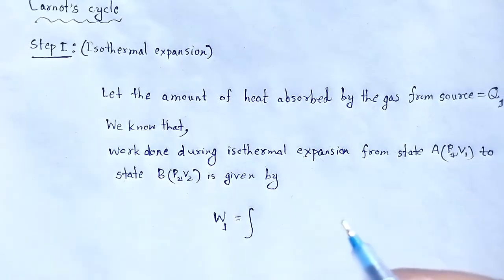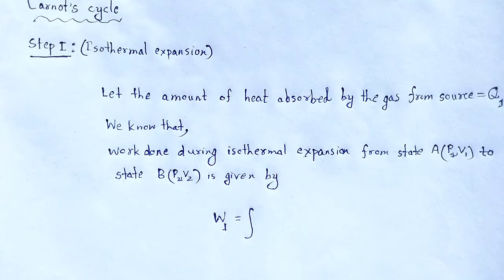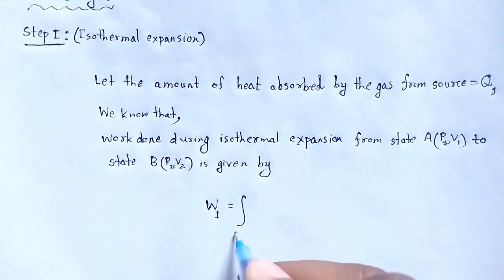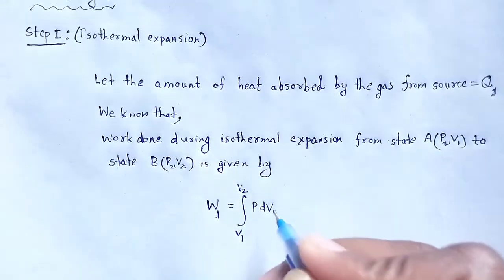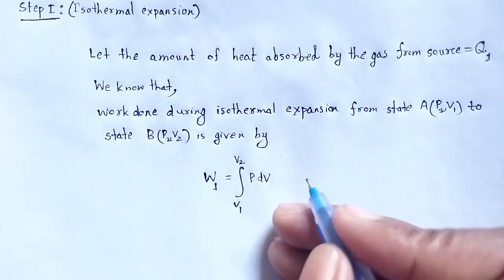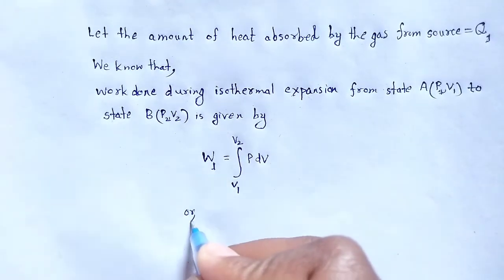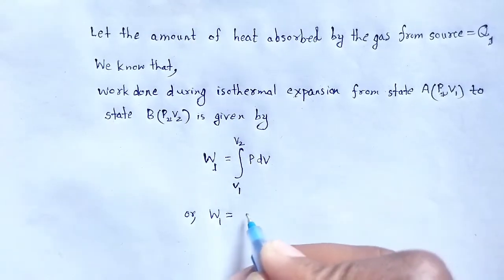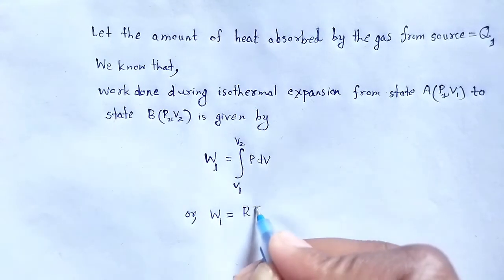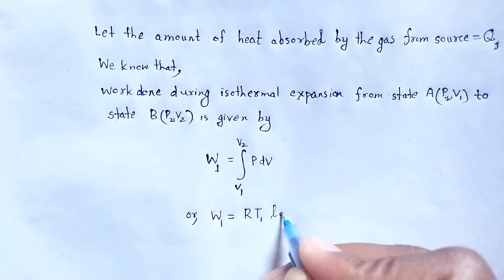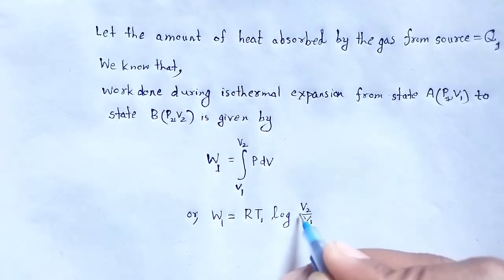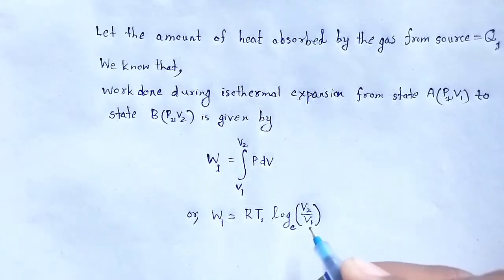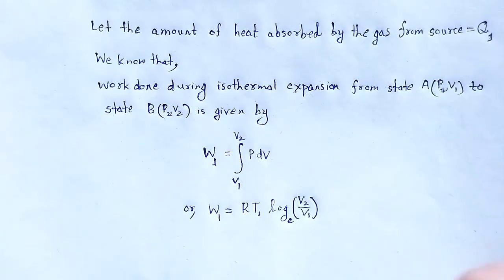According to the work done expression for an isothermal process, from V1 to V2 of PdV, the expression will be W1 is equal to R T1 log V2 by V1 of base e, that is the work done.